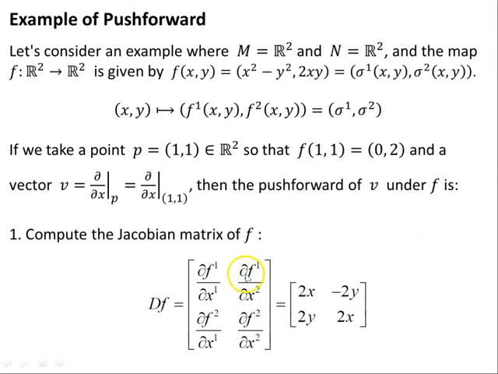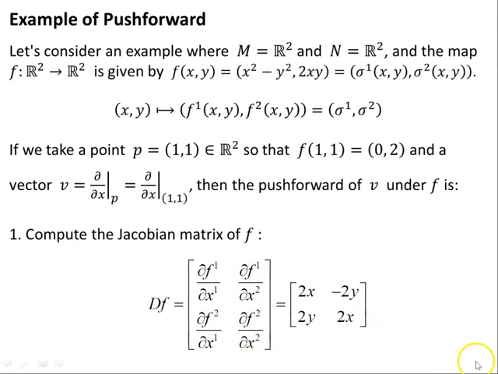X2 is just Y, so partial F1, partial Y. When we take the derivative of F1 with respect to X, we get just 2X. And the partial derivative of F1 with respect to X2, which is Y, we get minus 2y. And then down here, 2y and 2x are these partial derivatives.